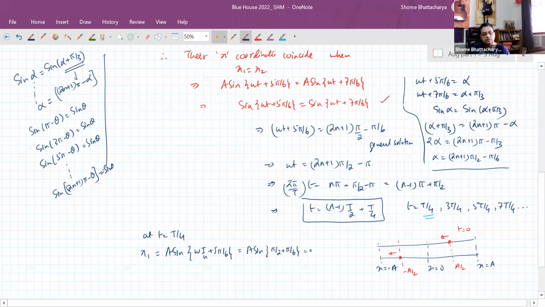So it will be at, and the second one, plus 5 pi by 6.